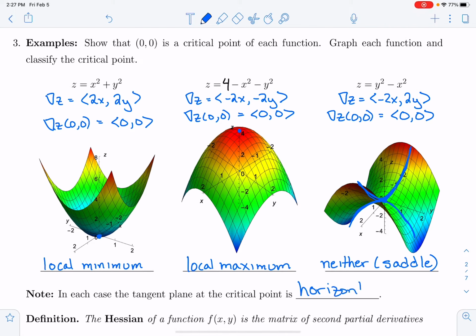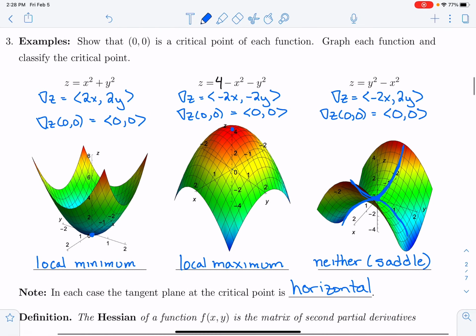A tangent plane down here is going to be a tangent plane there at the bottom. Here we can have a tangent plane at the top of this paraboloid. And then we could even draw a tangent plane for that critical point on the saddle, and it would also be horizontal.